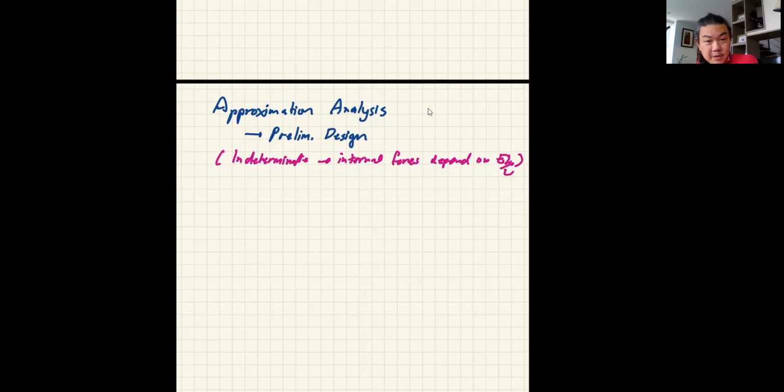You would know the length because you know the dimension of the building, but you would not know the I, which is the property of your section. Correct? So in the beginning, you don't know the stiffness. So we can use the preliminary design just to see the idea how big the moment is in the structure, and so we can plan on economy.